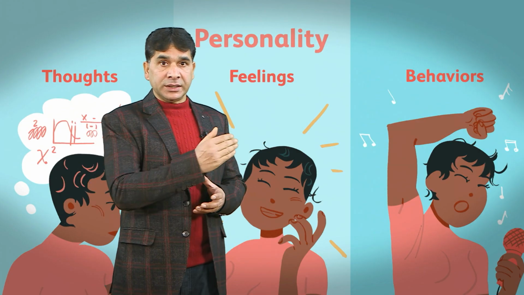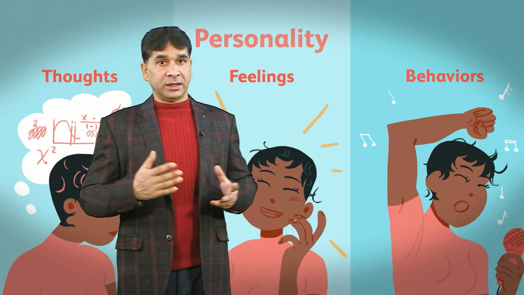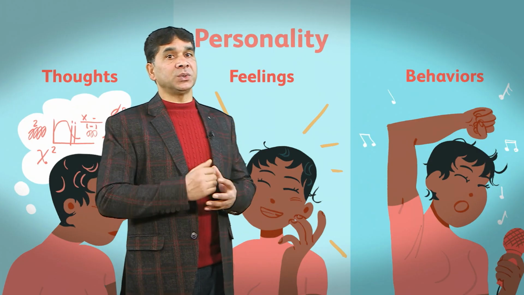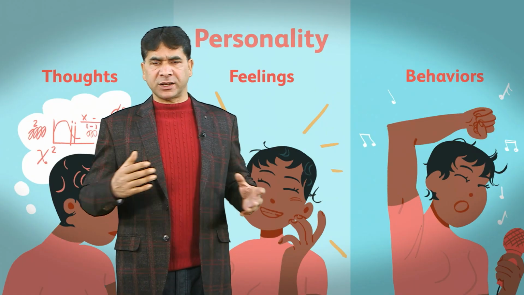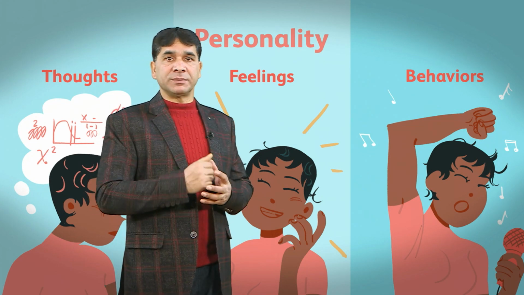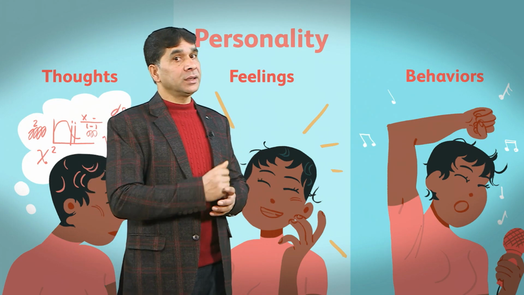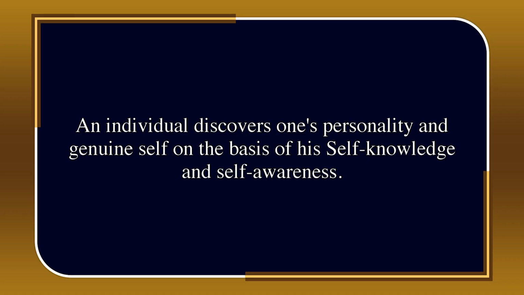Instead, they hold that people are active agents in the world and have a measure of control over their environment and their own lives. According to this view, people are considered capable of knowing themselves and of being their own best experts. An individual discovers one's personality and genuine self on the basis of his self-knowledge and self-awareness.